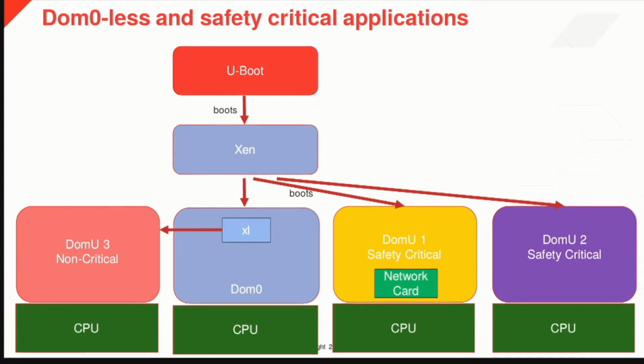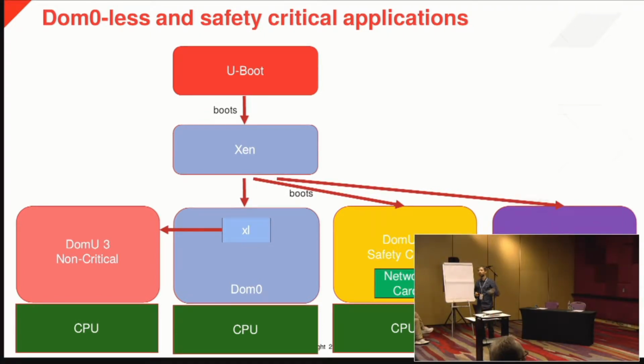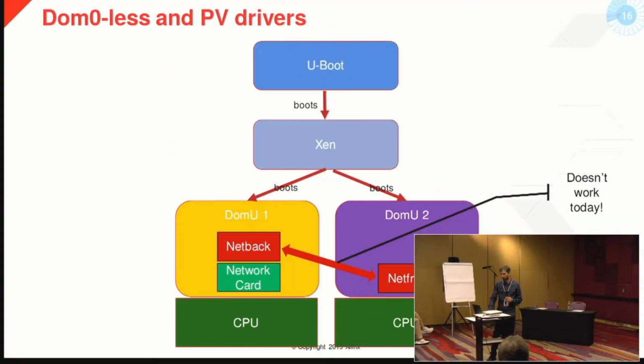And one idea that we have that, again, is not implemented would be to reduce the power of DOM0 so that it cannot affect the critical VMs. So that you can still have DOM0 for the dynamic, not very important VMs and start, stop, and whatever, but the critical VMs are still there and untouchable. This is not done, but shouldn't be impossible to do.